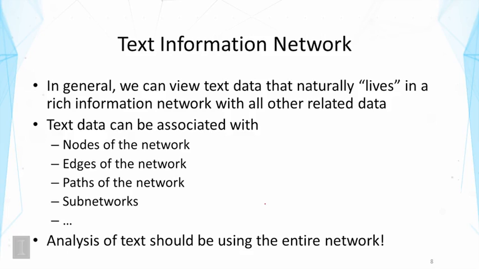That means we can connect all the related data together as a big network. And text data can be associated with a lot of structures in the network. For example, text data can be associated with the nodes of the network, and that's basically what we just discussed in the net PLSA work. But text data can be associated with edges as well, or paths, or even subnetworks.